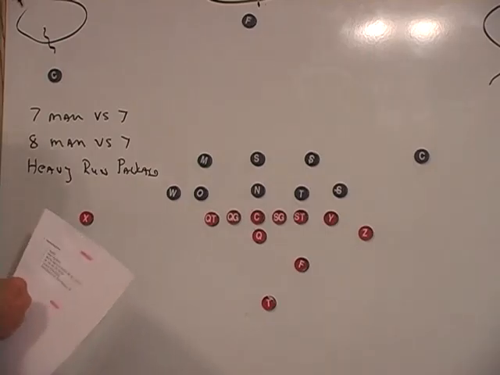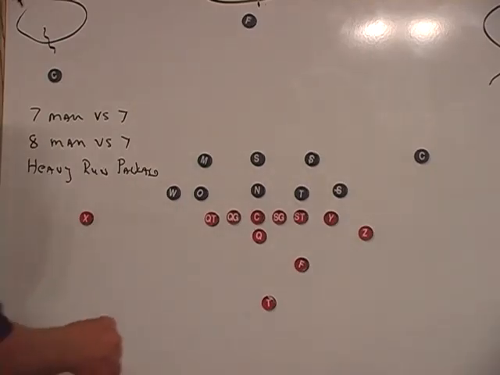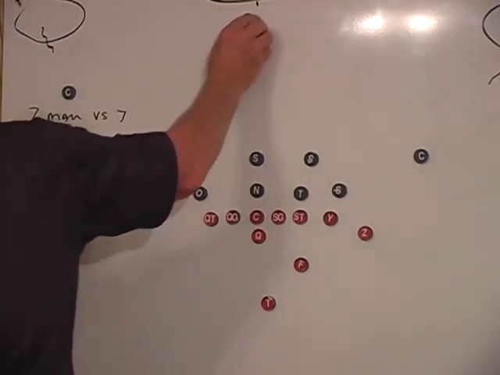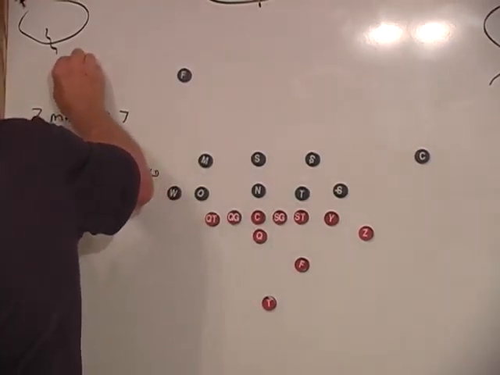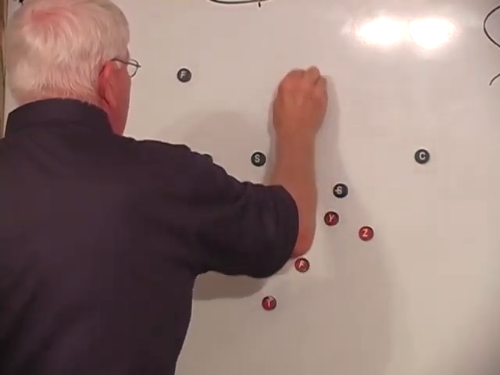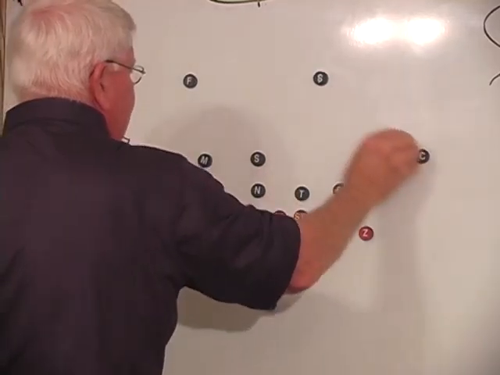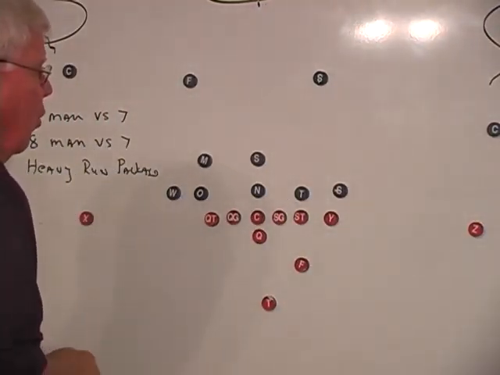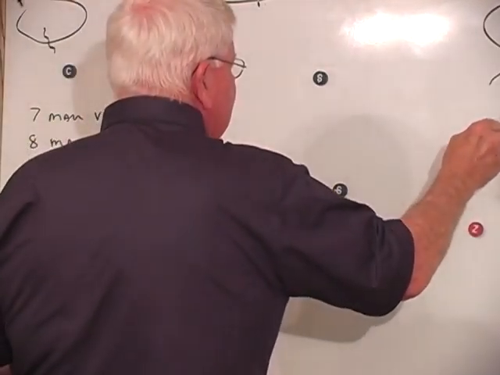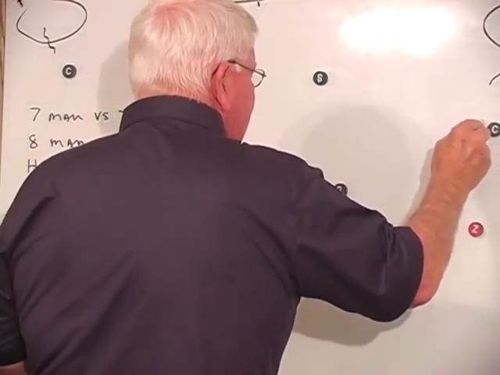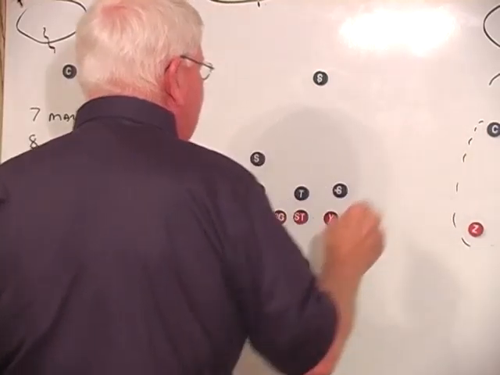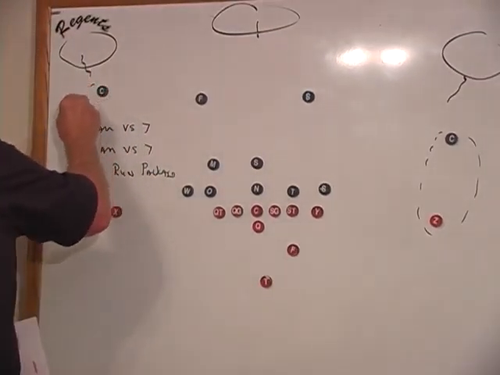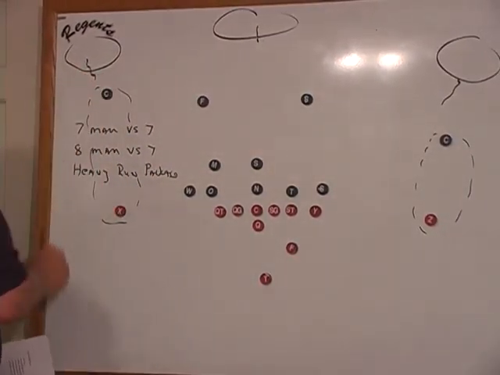And the way that works is, the first thing, let's look at what we call a flat 4. Now, on the flat 4, in essence, this guy here is kind of locked up on this guy, and this guy is kind of locked up on this guy.